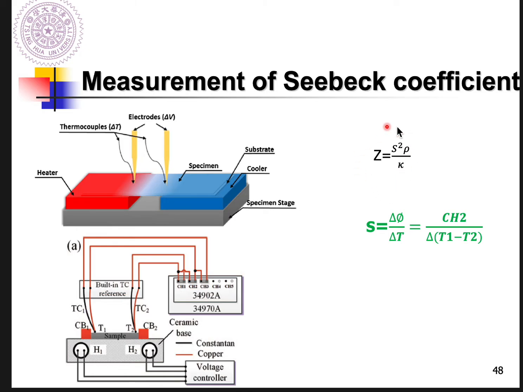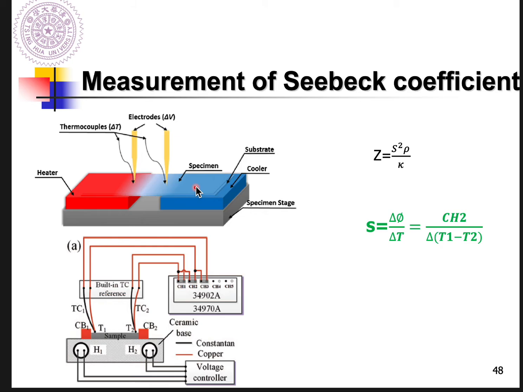Okay, so some people would ask why we need a material with a smaller thermal conductivity. If you have a small thermal conductivity, then you can maintain the temperature difference along your material.